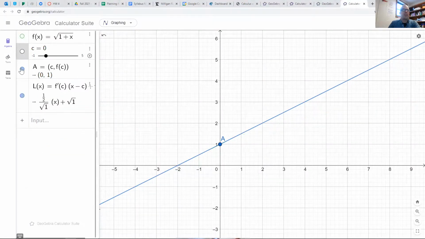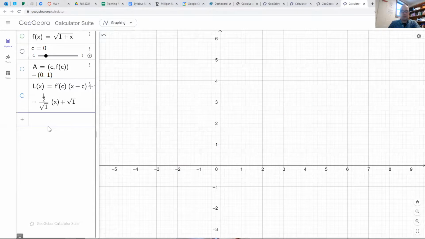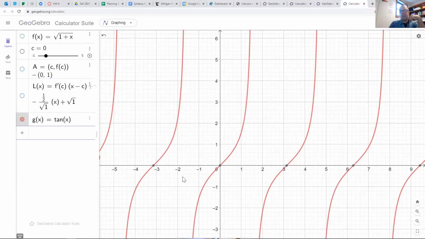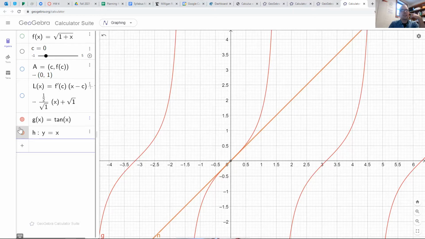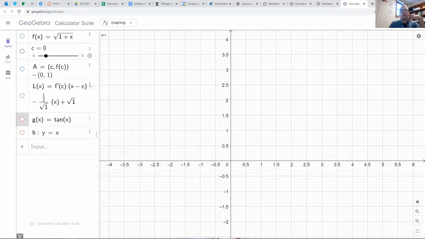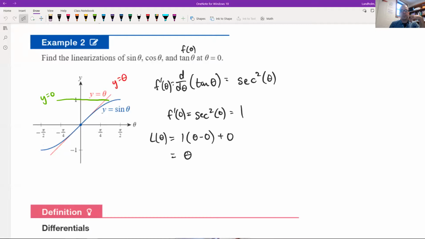Yeah, if we hide all this stuff and put in a tangent, having a tangent line of y equals x makes sense. Cool. But that was just a little bit more practice using thetas instead of x, so it takes us out of our comfort zone a little bit.